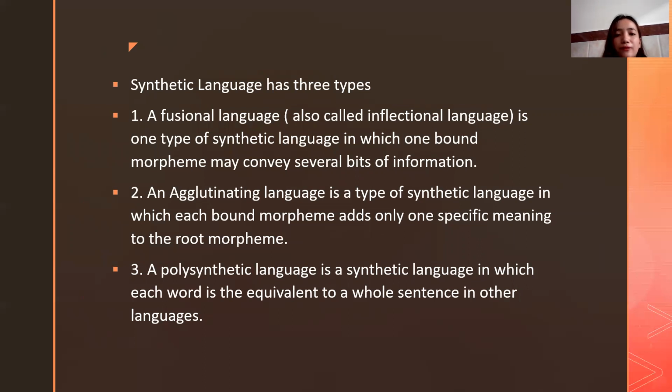One, a fusional language, also called inflectional language, is a type of synthetic language in which one bound morpheme may convey several bits of information. An agglutinating language is a type of synthetic language in which each bound morpheme adds only one specific meaning to the root morpheme. A polysynthetic language is a synthetic language in which each word is equivalent to a whole sentence in another language.